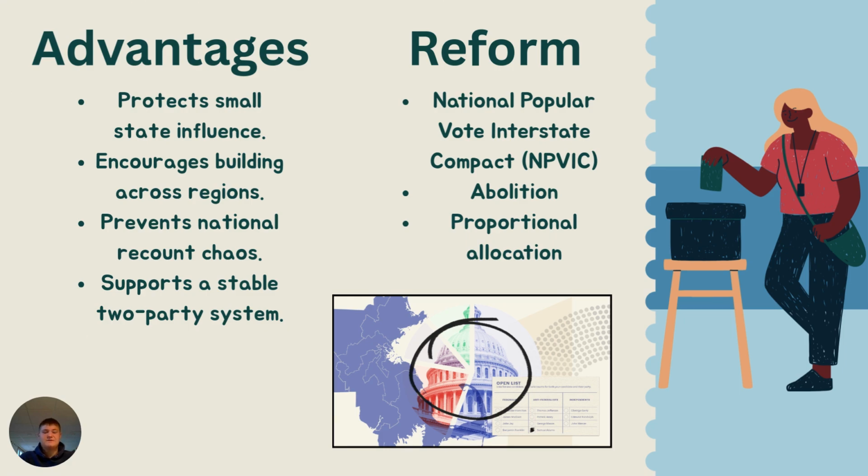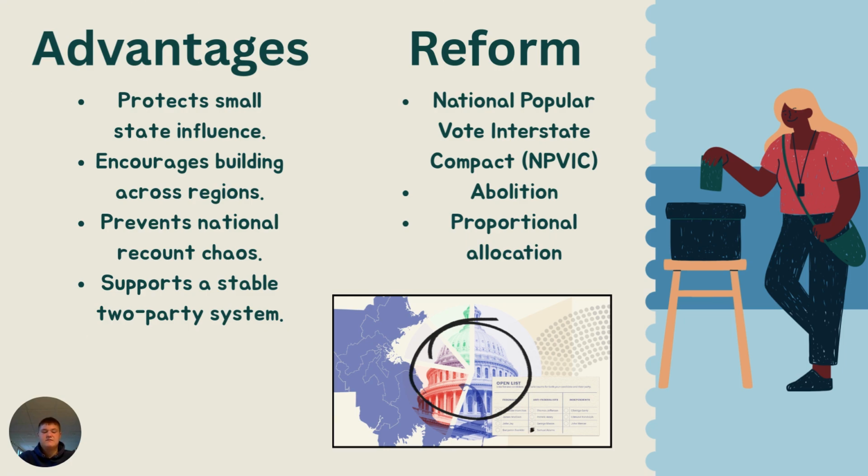Another solution that has been brought up but is very radical is abolition of the Electoral College. This will likely never happen as it will require a constitutional amendment, and constitutional amendments are politically very hard to do. Additionally, proportional allocation of electoral votes has also been proposed.